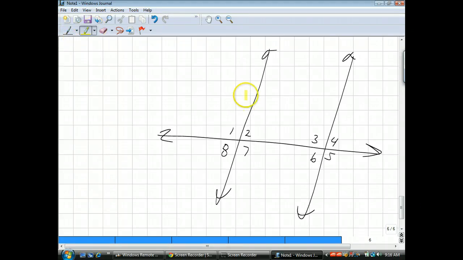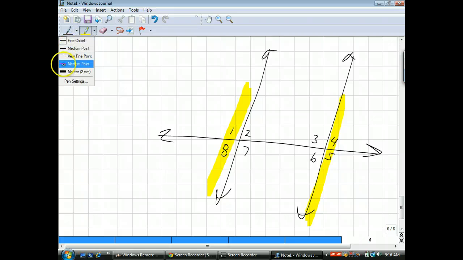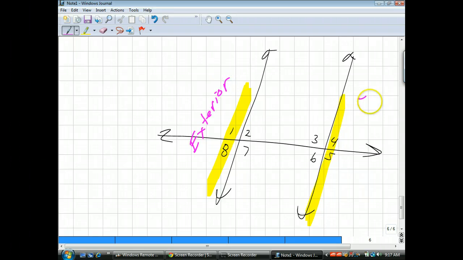Okay, so notice that these angles and these angles are outside of the two lines. So we would say that this is the exterior. Okay, so that's the exterior.